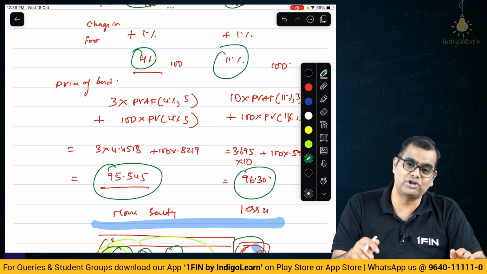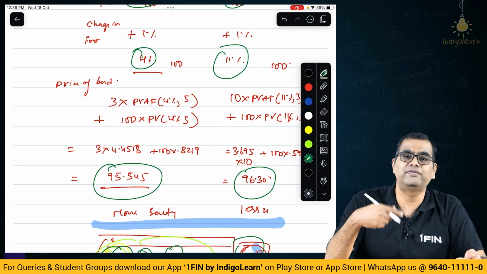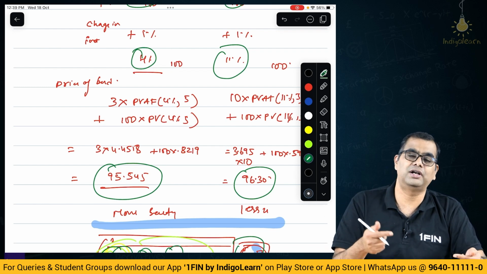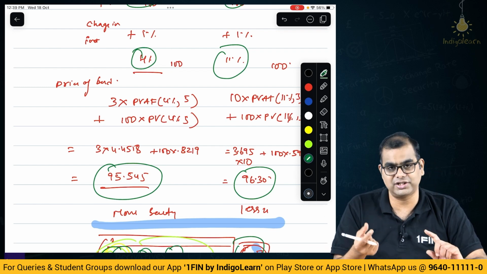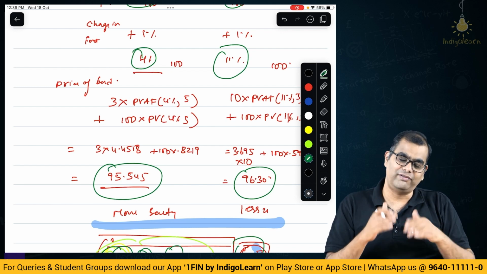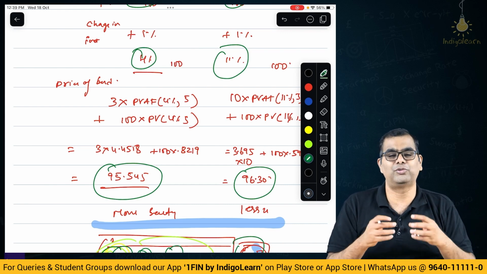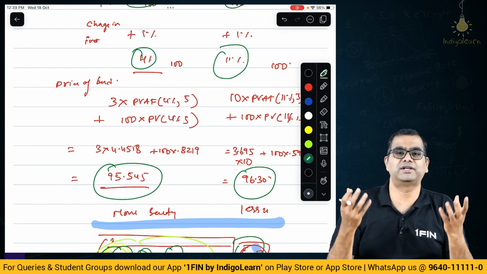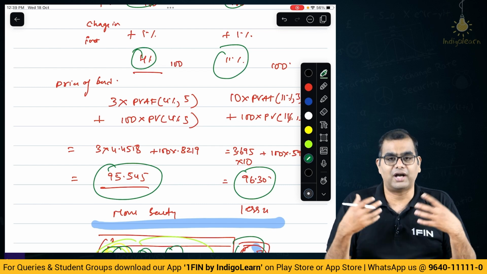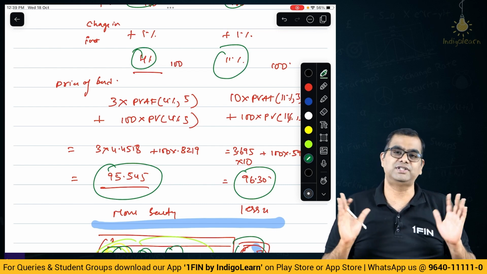When you are computing present values, most of the value of the bond is coming from the present value of near term items rather than long term items, which is why the impact of change in interest rate on high coupon bonds is much lower than on low coupon bonds. See, if you have a very high coupon bond with very long tenure and a low coupon bond with low tenure, you have to compare both of them individually. One cannot make random statements that this is high, that is low, because we don't know the interest rates or the tenure. It is a simple mathematical equation. You just put in the values and see how they arrive.